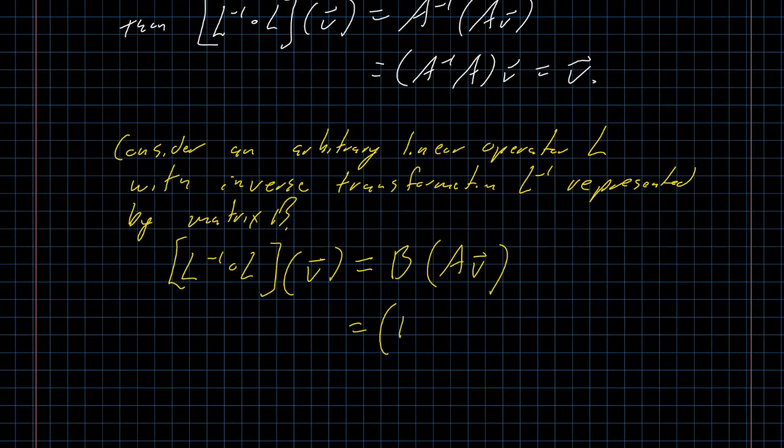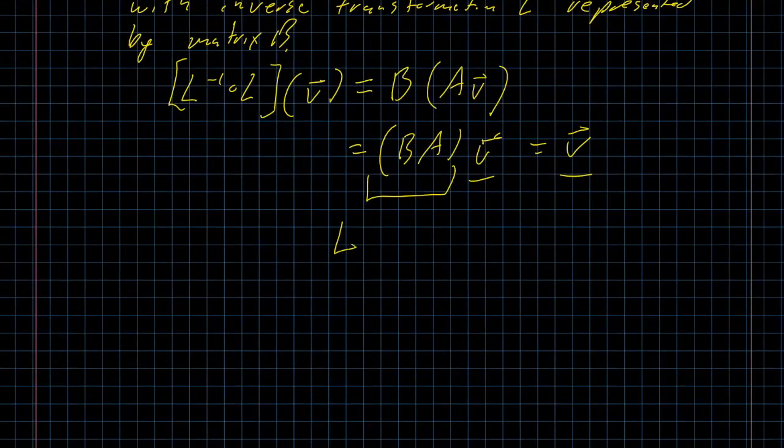And we can regroup that as B times A times V. And we know that that has to be equal to V. The only way for B times A multiplied by vector V to be equal to V is if B times A is the identity matrix.